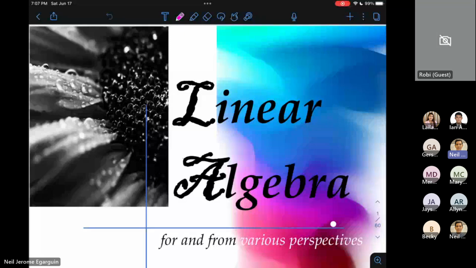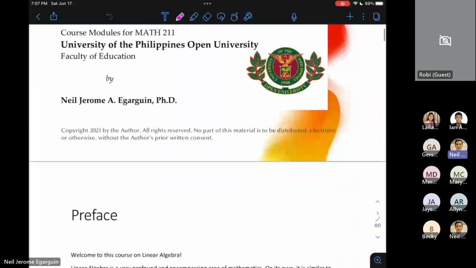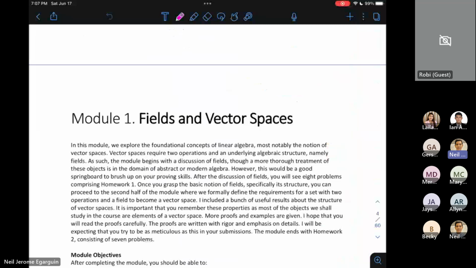So this is linear algebra. We're going through chapter 1. This is very different from the linear algebra that you probably took during your undergraduate years, unless you are a math major. This is more of an abstract or theoretical approach to linear algebra. We will not start with the study of matrices used in solving systems of linear equations.